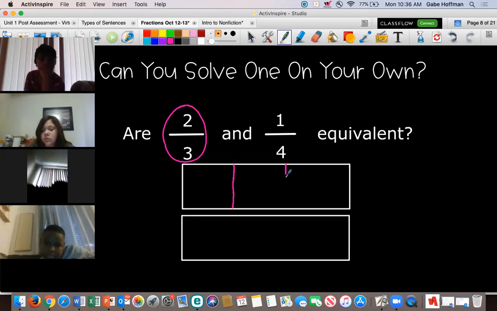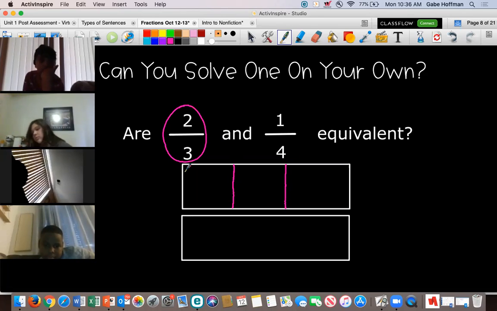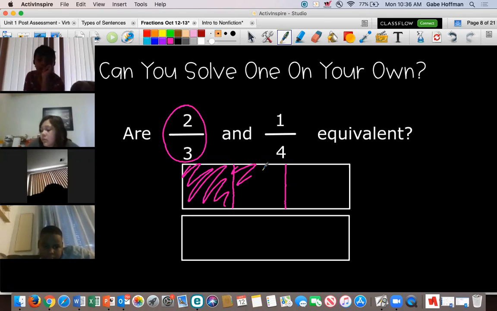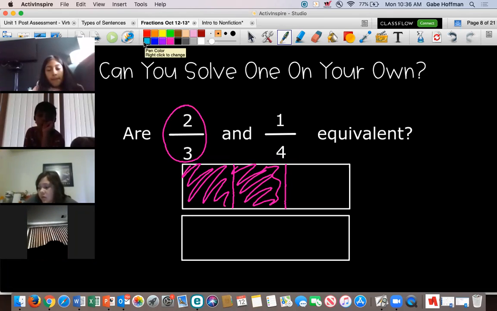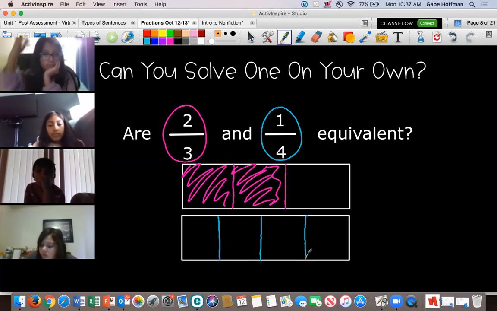Yep. And how many am I gonna shade in? 2. And then my bottom one, Alejandra, how many equal parts am I gonna divide it into for 1/4? 4. And how many am I gonna shade in? 1.